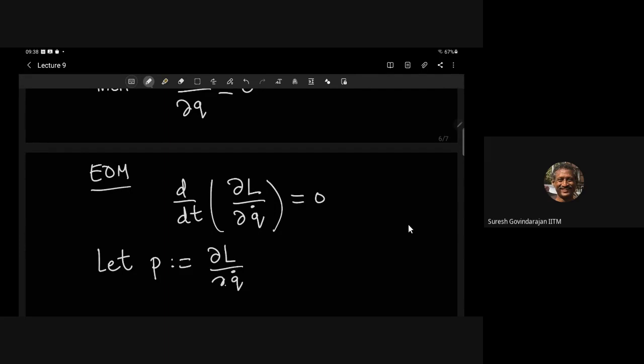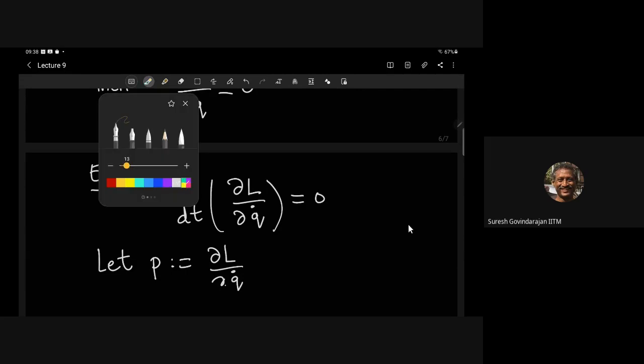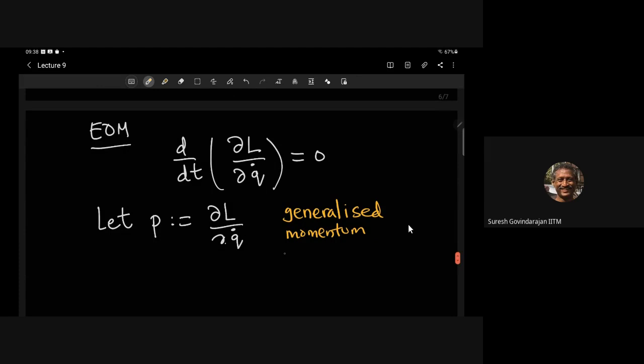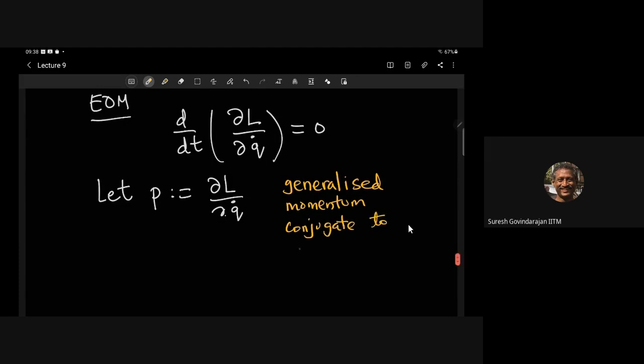This has a name, which I'll write out now, called the generalized momentum, conjugate to the generalized coordinate q. The reason it's called momentum is because in Newtonian mechanics this will be exactly the momentum for Cartesian coordinates.